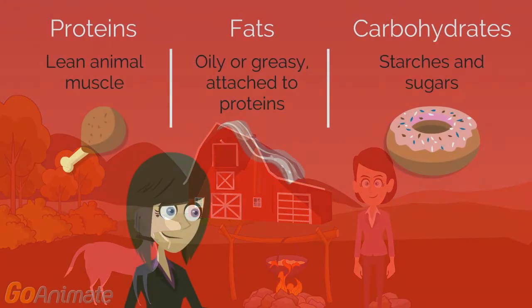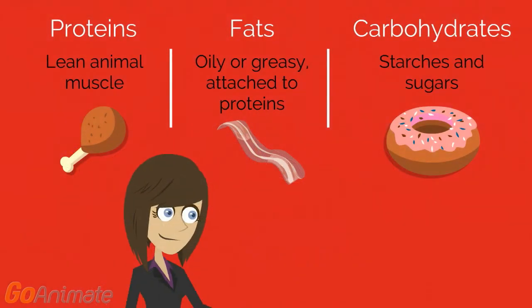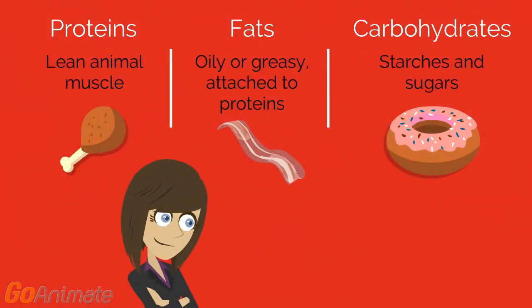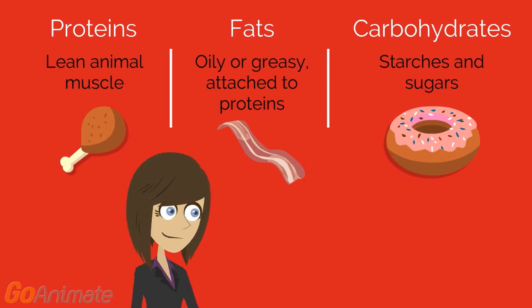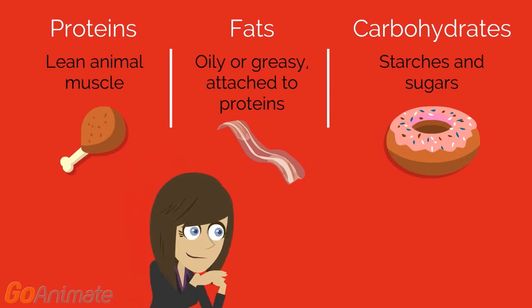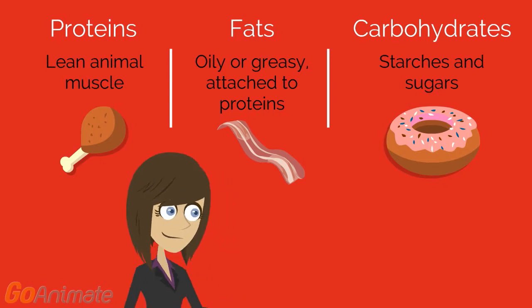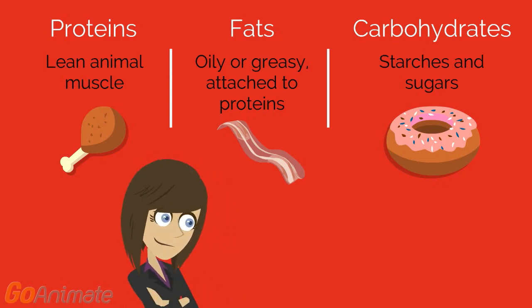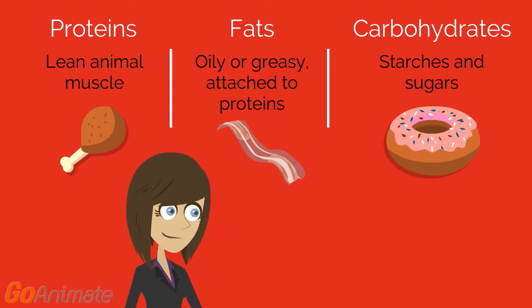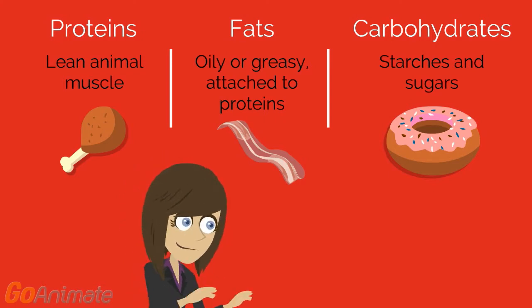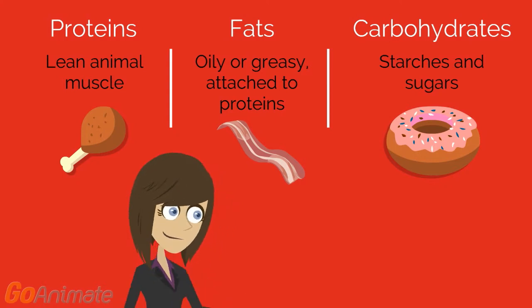So, proteins, that's the whole lean muscle of an animal. So, think a standing rib roast or a ribeye steak, a chicken leg, a chicken wing. All those lean muscles are attached to the bones of the animal. So that's how we know what and where a protein is.